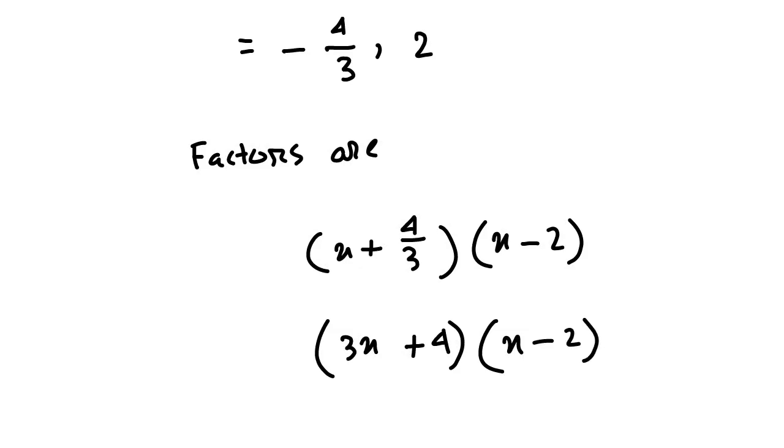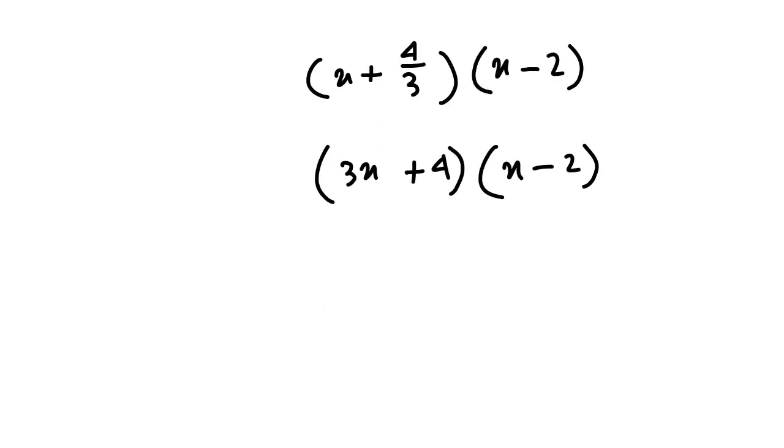So this is how we can get the solution for this quadratic equation, and we can get the factors for the quadratic term. Next, we go to the second quadratic equation.